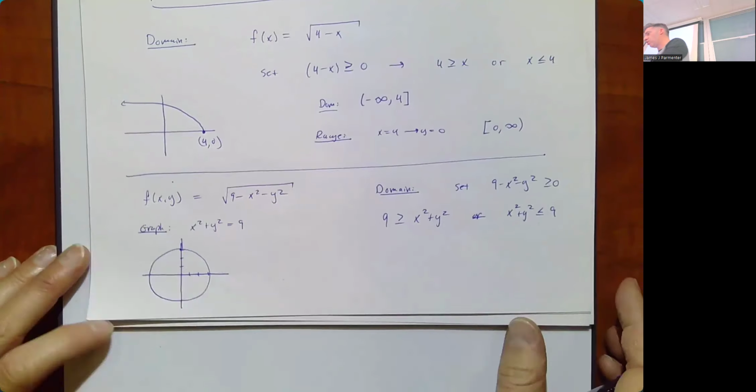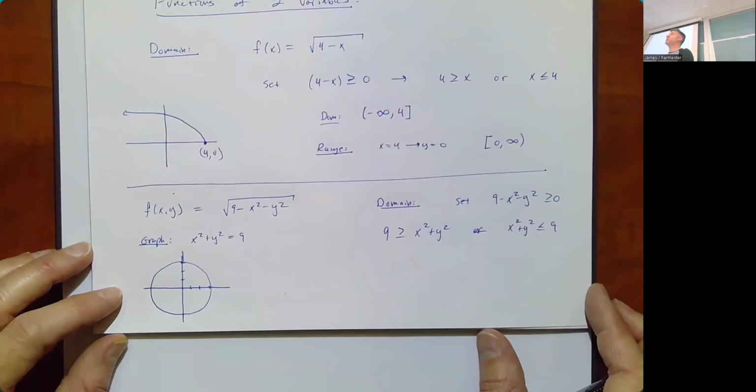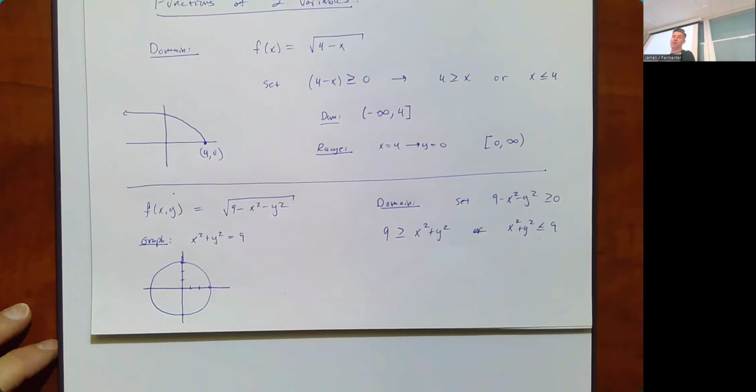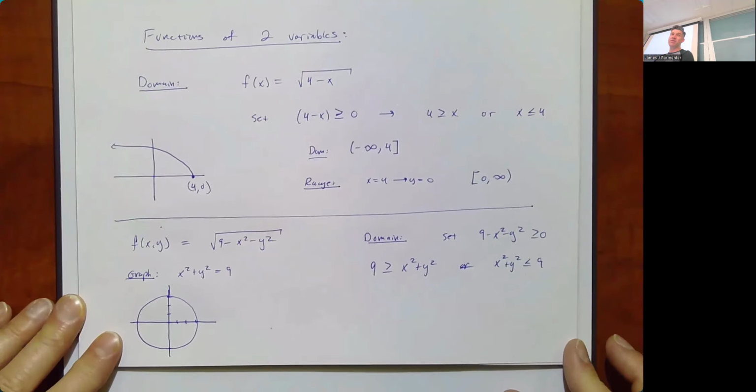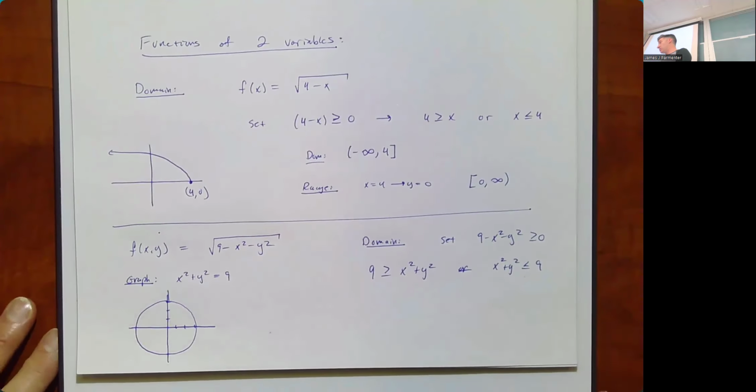And now the question almost always is, which side of our boundary do we want to include? Do we want to include all the stuff that's inside the circle, or do we want to include all the points that are outside the circle? Well, the easy way to do this is to test a point. Test any point that's either inside or outside. Don't test a point on the circle, test a point inside the circle. So a natural choice here would maybe be the point 0, 0.